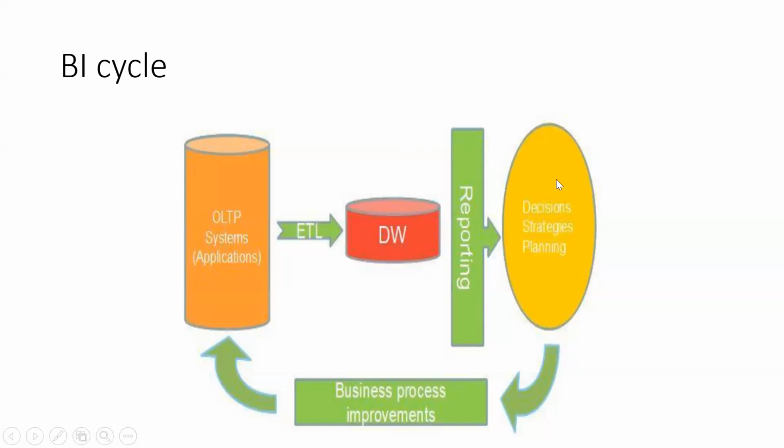Then the decision strategy planners, from the business side, check those things and see what kind of decision they need to take. If the revenue goes fine, they see that the strategy is good and there is nothing to change for the very next day's planning.